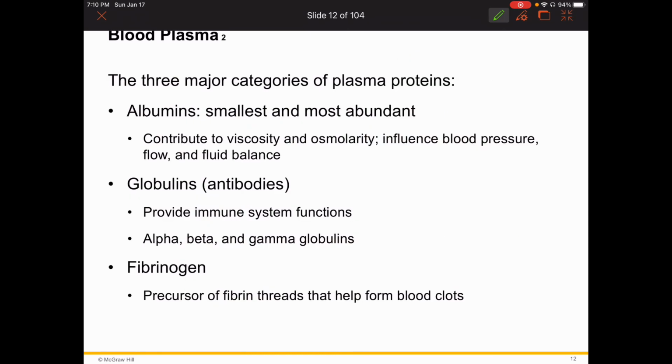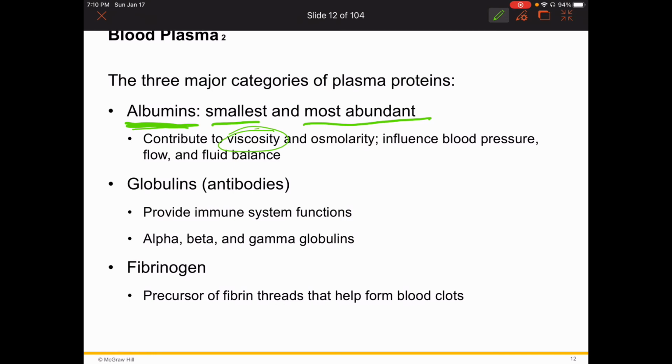Okay, so the three major categories of plasma proteins. Albumins, a lot of these, they're tinier, they are the most abundant, and what they do is they help maintain blood viscosity and kind of a balance. They're like little buoys in the pool.